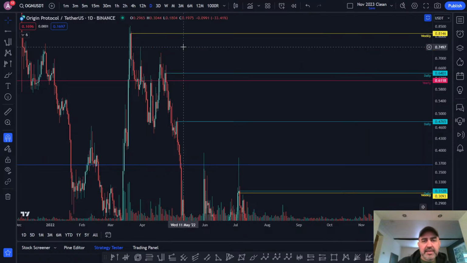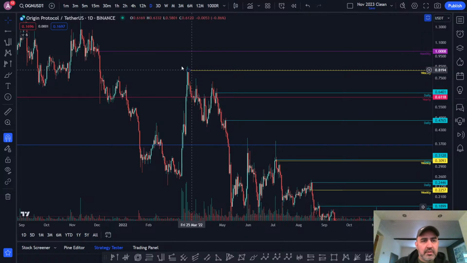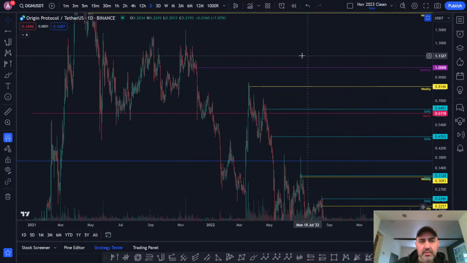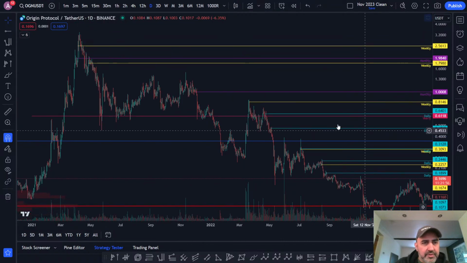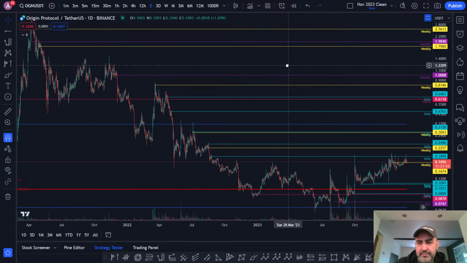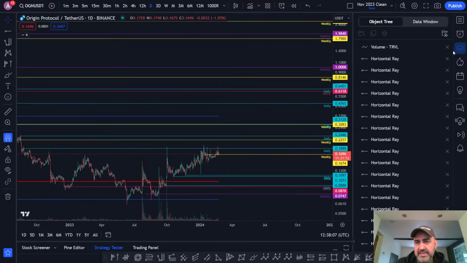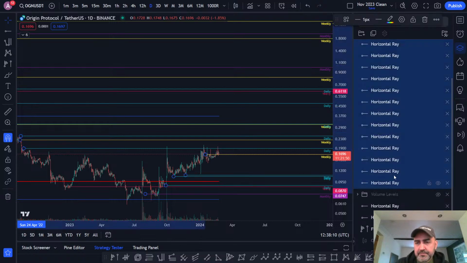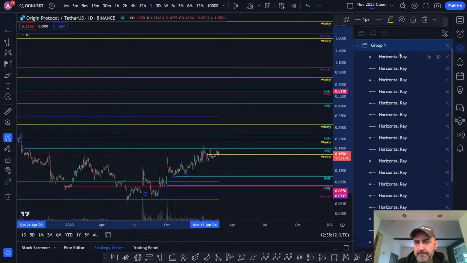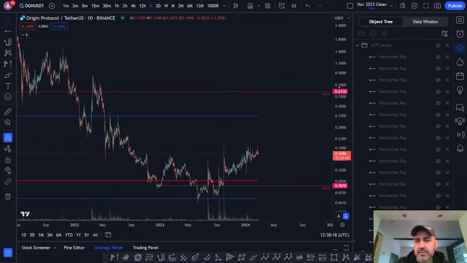That weekly's on the daily level there as well. All right, and higher ones, they're all high. All right, so these are your levels. There's a lot of liquidity levels on the way up. Hide those.